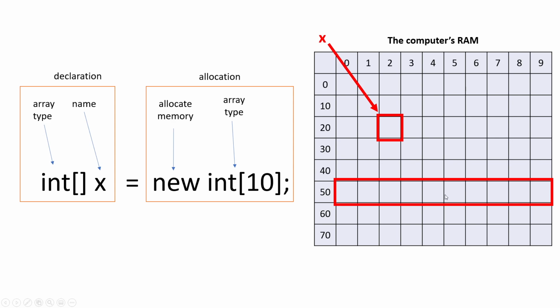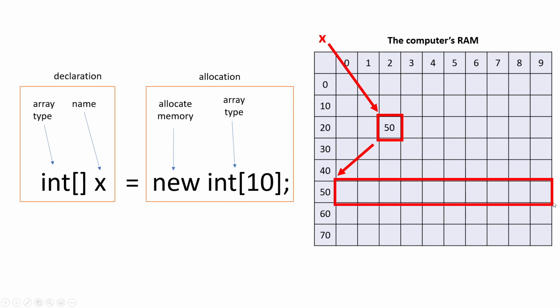So I can put my 10 numbers in here, but the question is, how is this box connected to X, which is what I declared earlier on? Well, the way that we tie these together is that we store inside the value of X the location in memory where I have this large array.